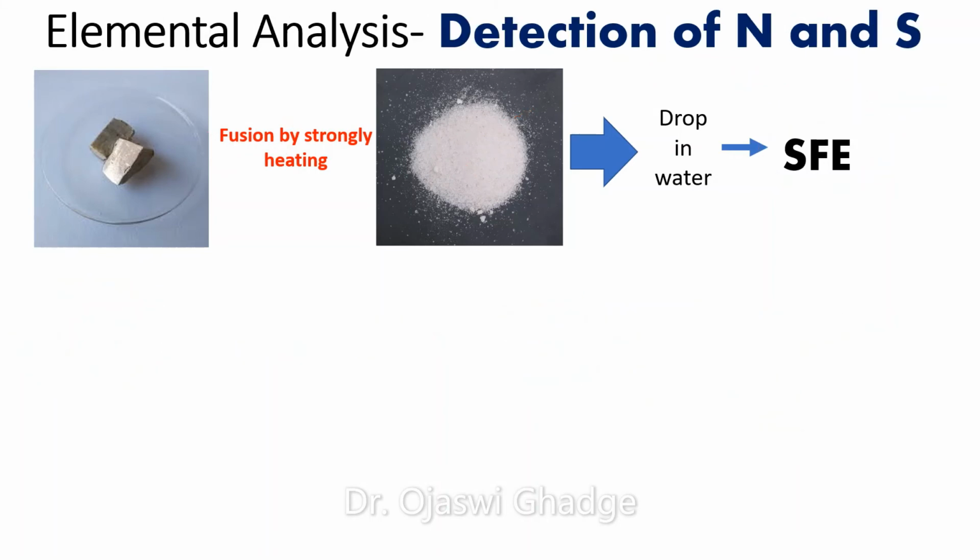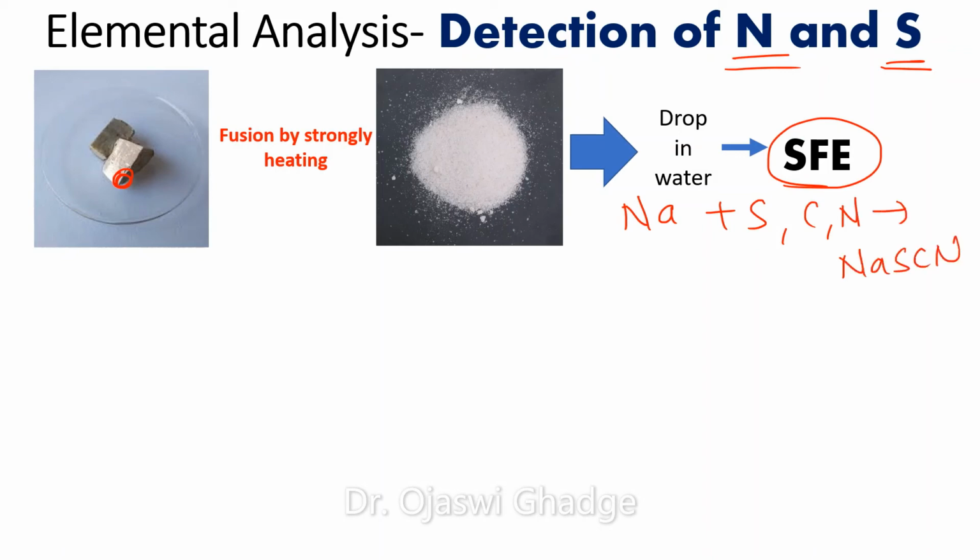The next important test is for the detection of both nitrogen and sulfur present in the sodium fusion extract. It is very important to understand here that if the amount of sodium which we have taken is very less, then that sodium will react with sulfur, carbon and nitrogen, and it will form sodium thiocyanate, Na plus SCN minus.